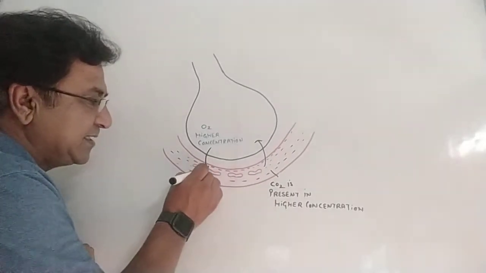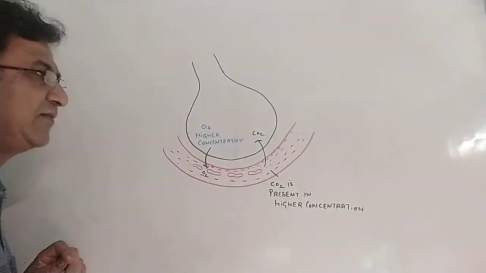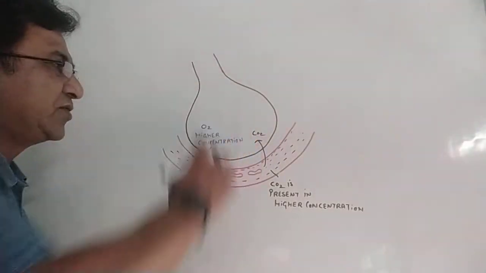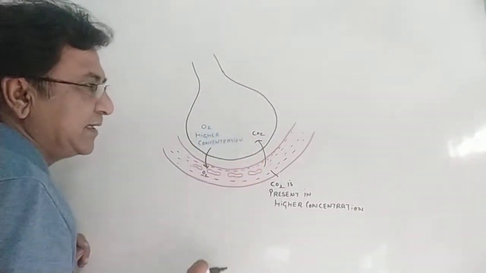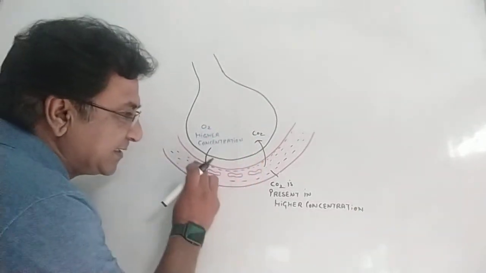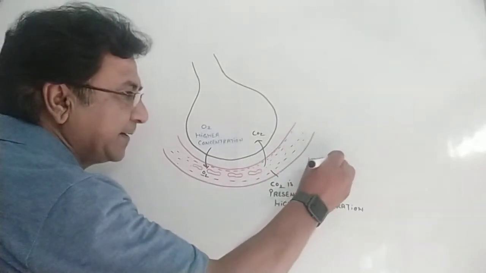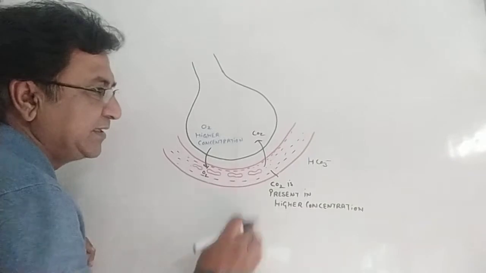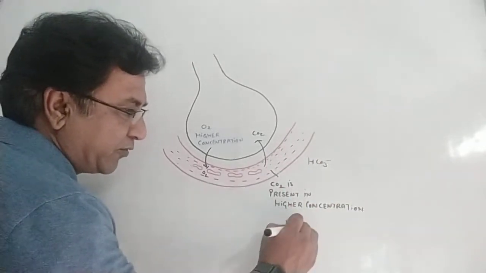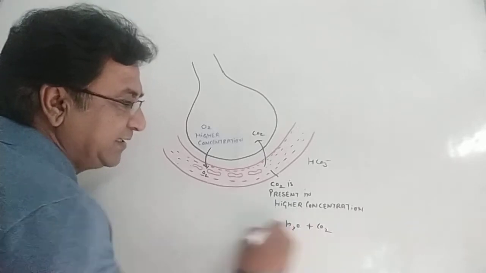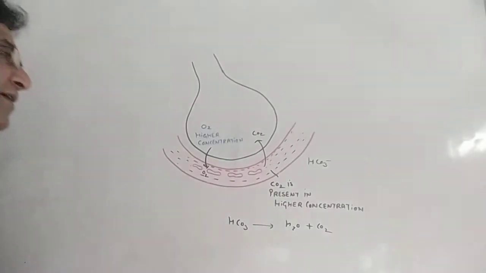So here oxygen is coming into the blood, and here carbon dioxide is coming into the alveoli, which is then exhaled out through the nostrils. Remember that carbon dioxide mostly travels in the blood in the form of bicarbonate ion. When it reaches over there, it is separated into water and carbon dioxide, and then carbon dioxide is delivered.